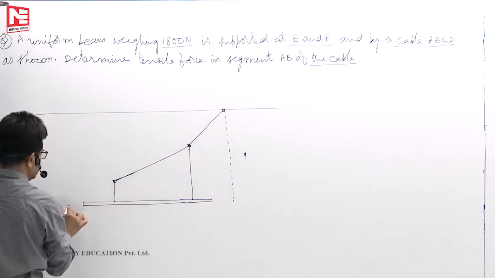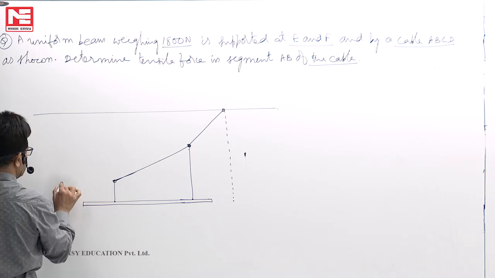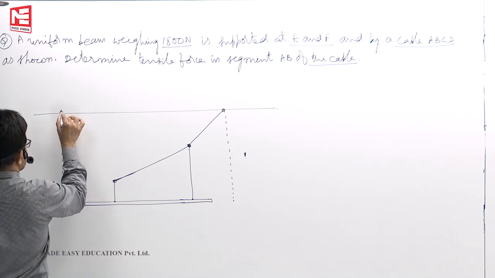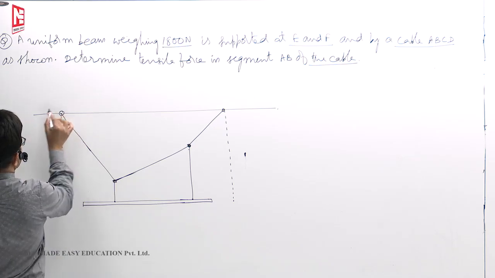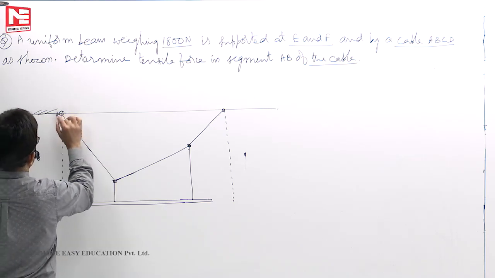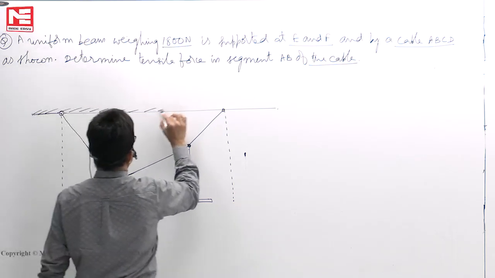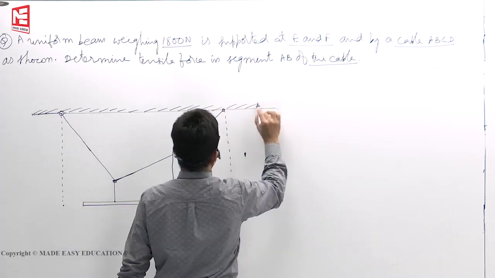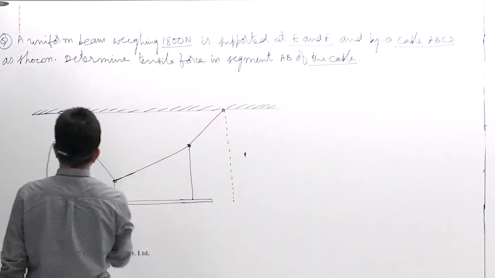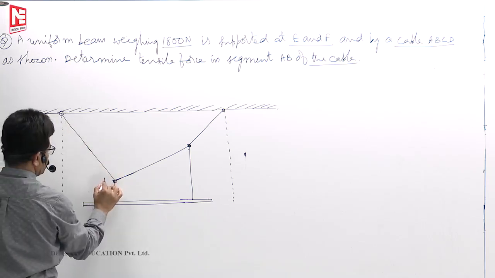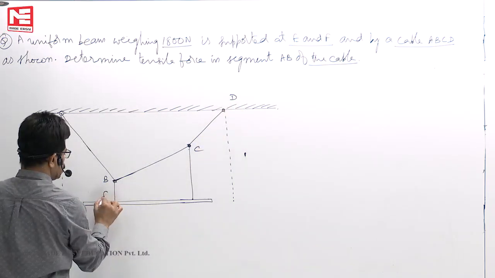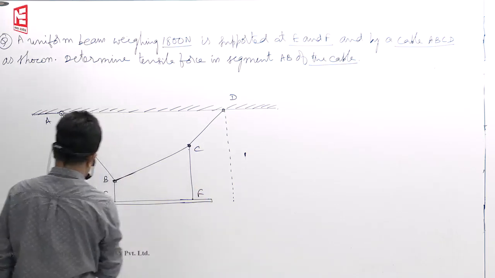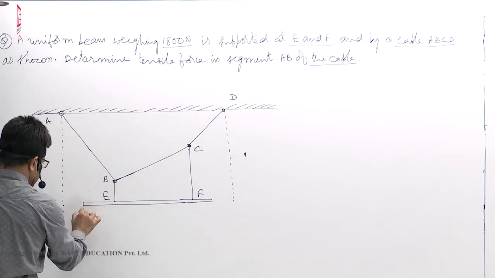Like this they have tied, and here 0.5 meters height somewhere here. It goes like this, and this is support. Okay, let us say these points are A, B, C, D. This is E, F. Now the distances are like this.